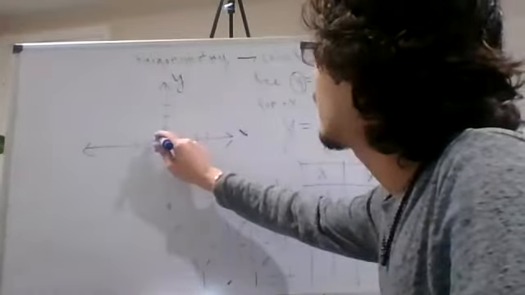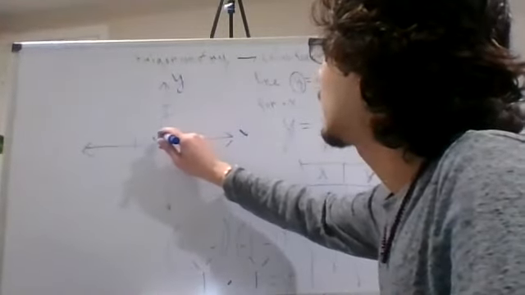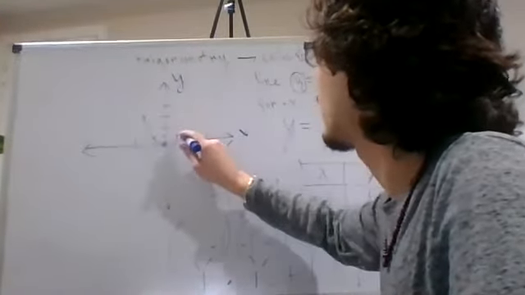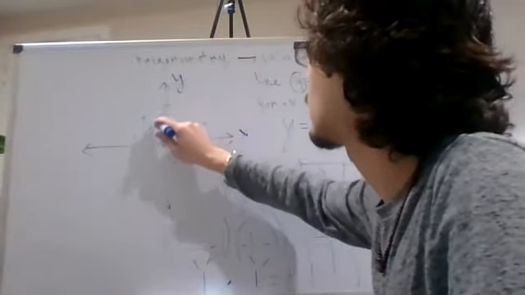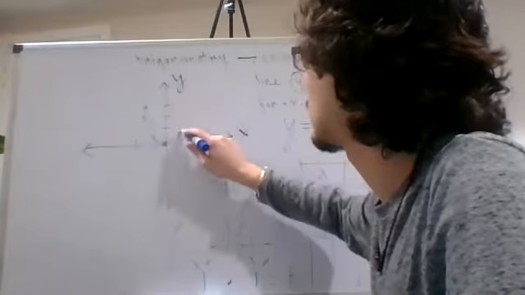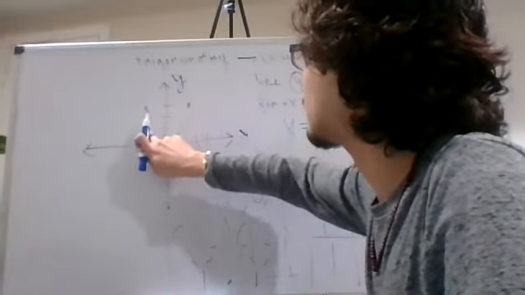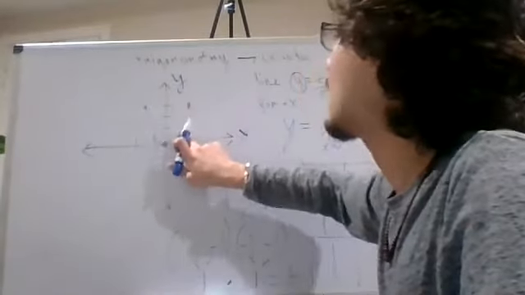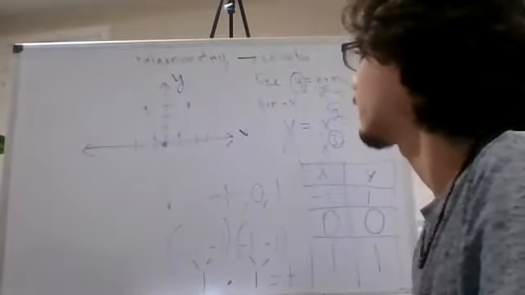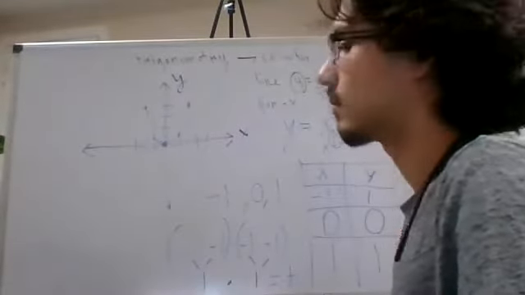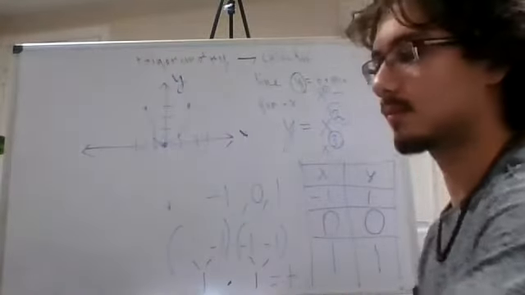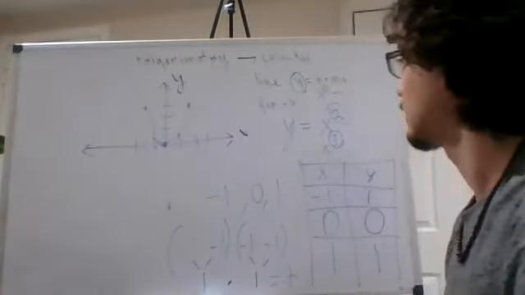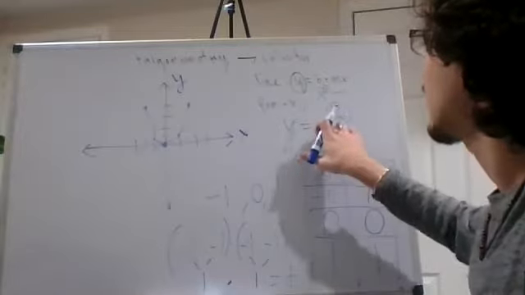So let's go back to x to the 2. We said that 1, 1, 2, 4. What would it be at x equals 3 and negative 3? You mean on the coordinates? Yes, for x squared.